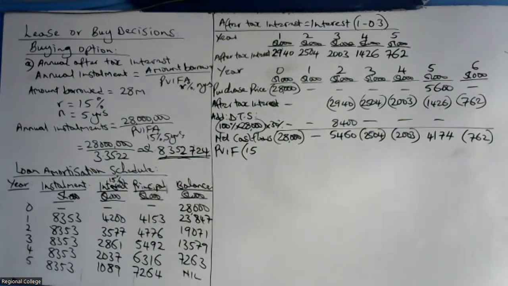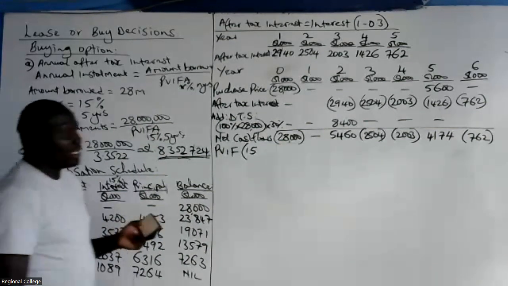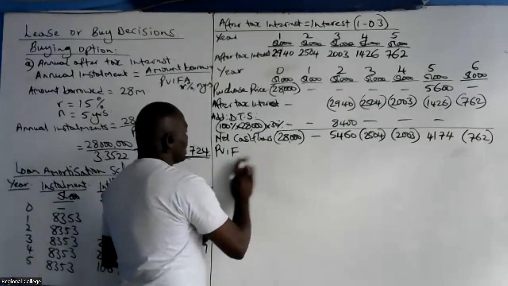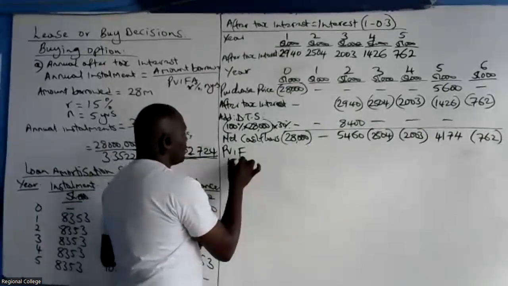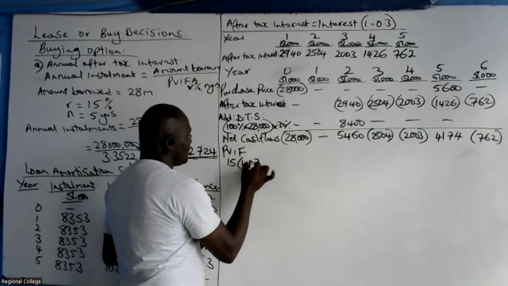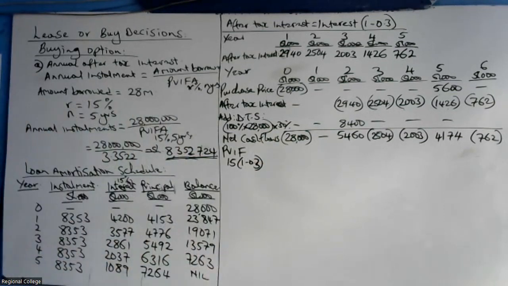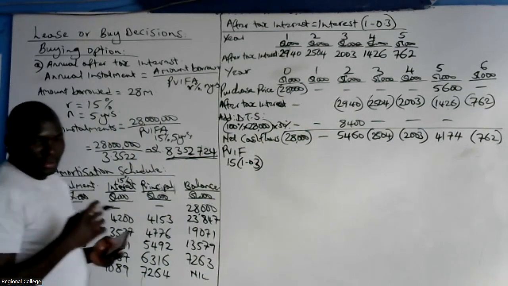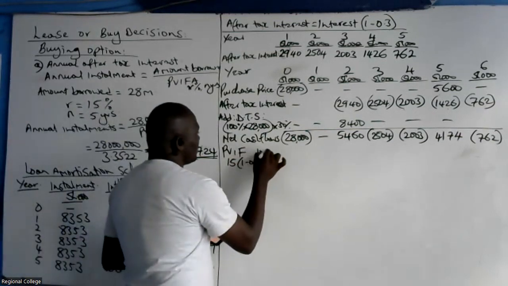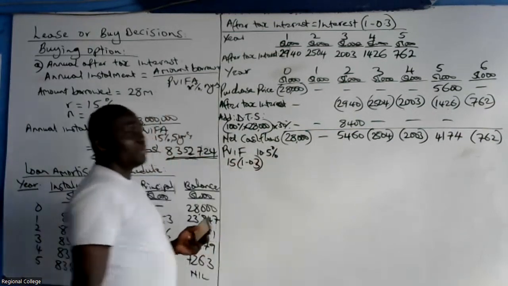Someone may give it before tax, but the ideal cost is the after-tax cost. So it's 15 times 0.7, the after-tax cost, which is 10.5%. So you discount using 10.5%.